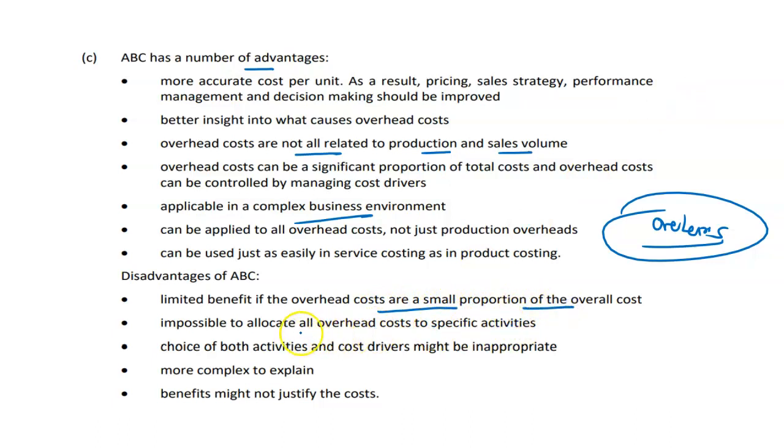Right? And it's sometimes very difficult to allocate all overheads costs to specific activities. And sometimes people just don't understand them. They can be quite complex. But like I say, the big point is the benefits might not justify the cost.